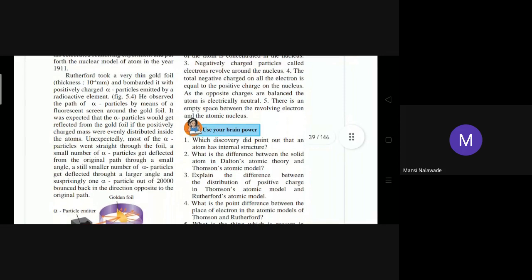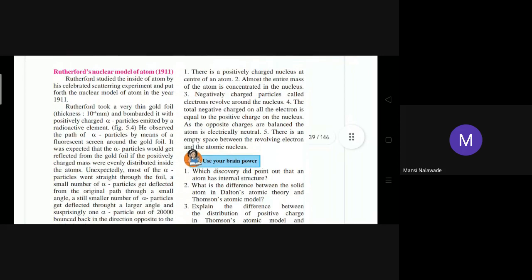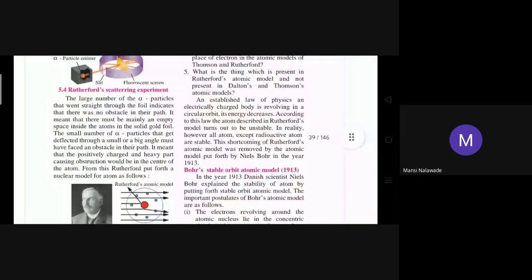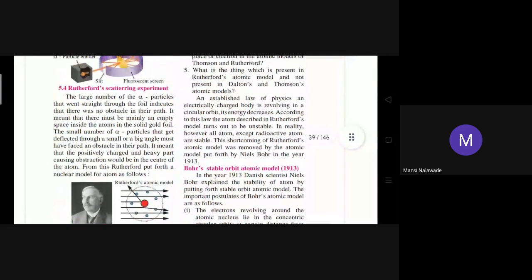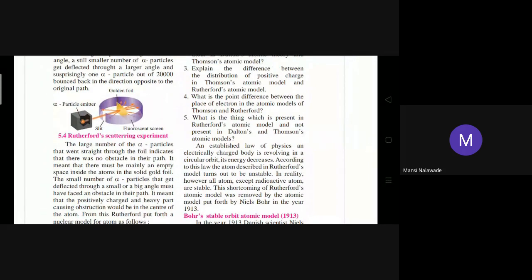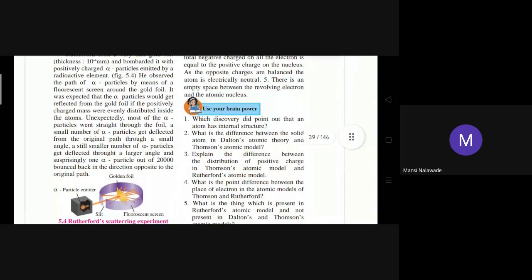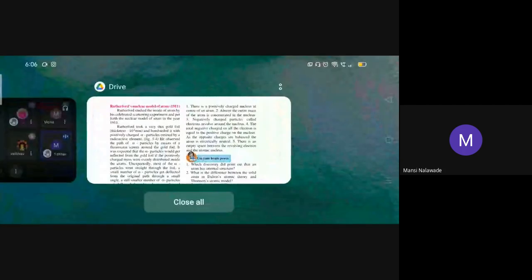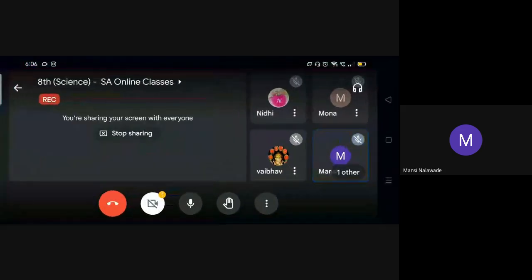The total negative charge on all the electrons is equal to the positive charge on the nucleus. As the opposite charges are balanced, the atom is electrically neutral. There is an empty space between the revolving electrons and the atomic nucleus. Okay, so this was all the specification of Rutherford's model of atom.